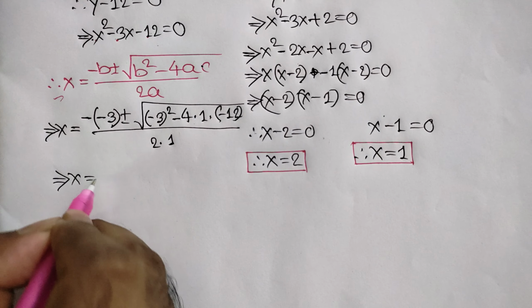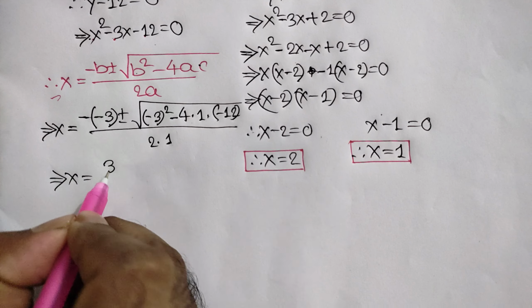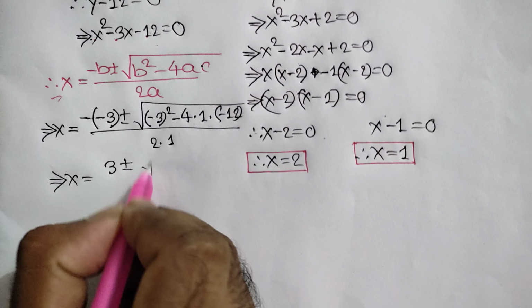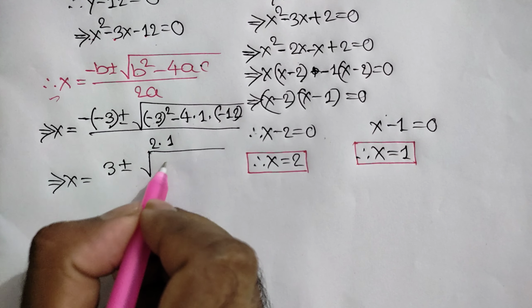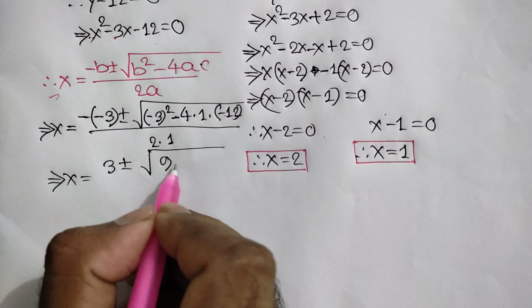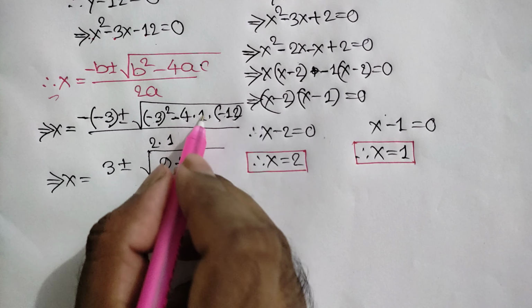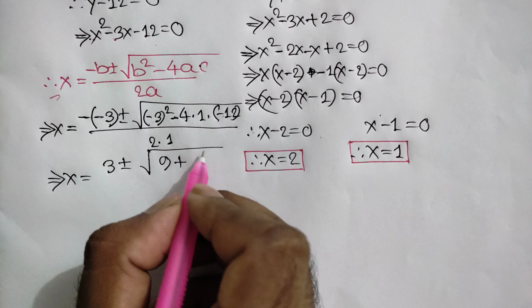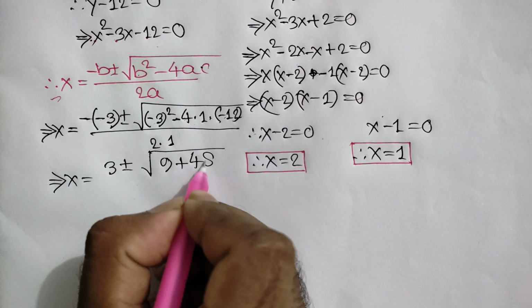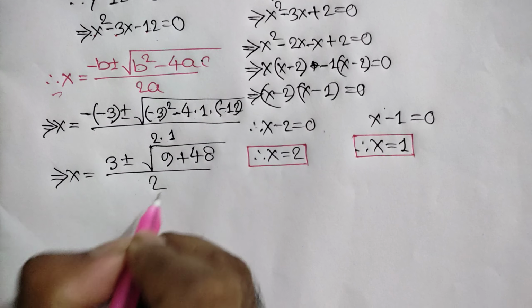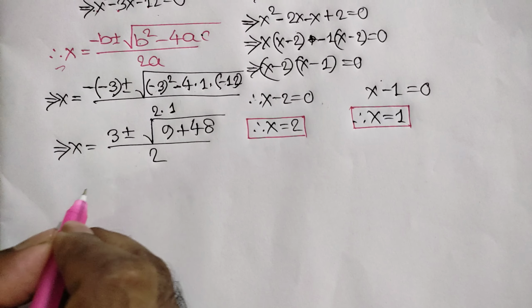So x is equal to negative times negative is positive, so here we get 3 plus or minus square root of negative 3 square is 9, minus times minus is plus, 4 times 12 times 1 is 48, over 2 times 1 is 2.